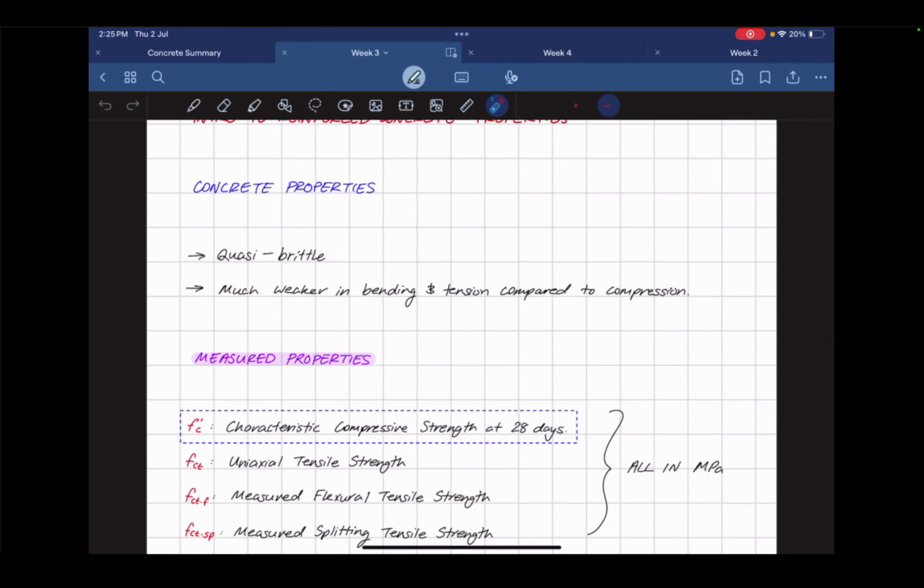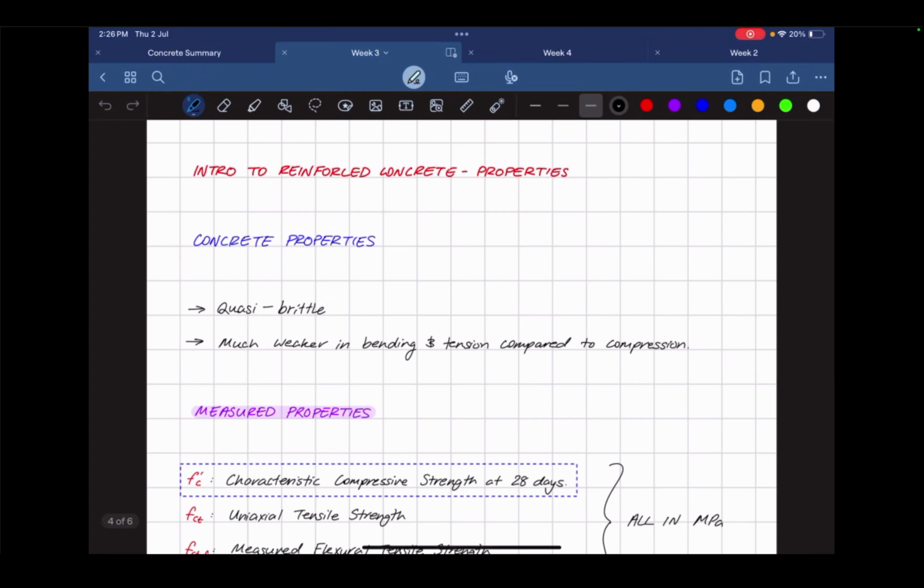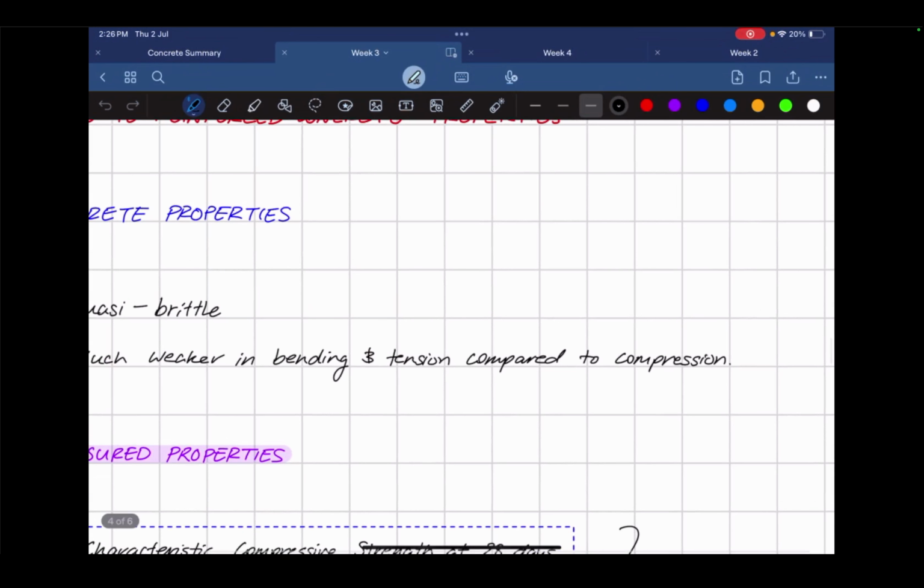Does that ring a bell? What's quasi-brittle? I'm not explaining, it's like the failure mode. Is it the rebar because it's reinforcement bar? Is concrete weaker in tension?